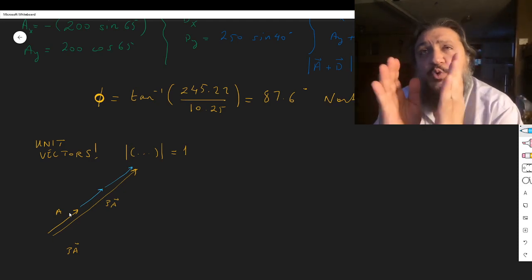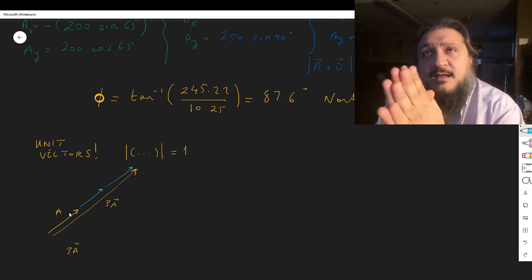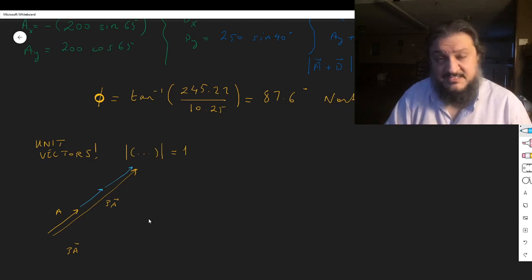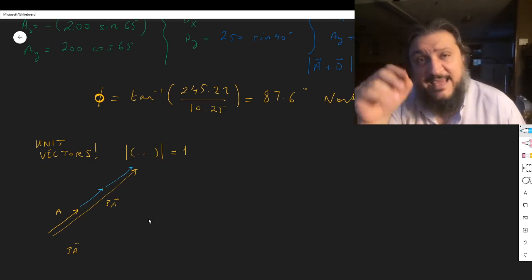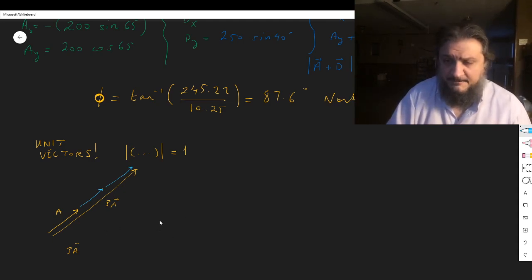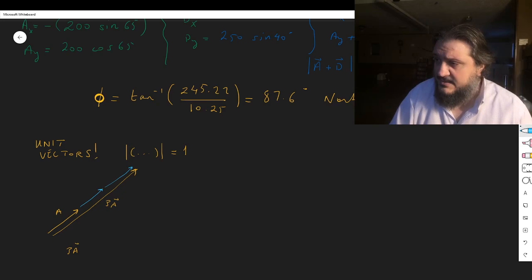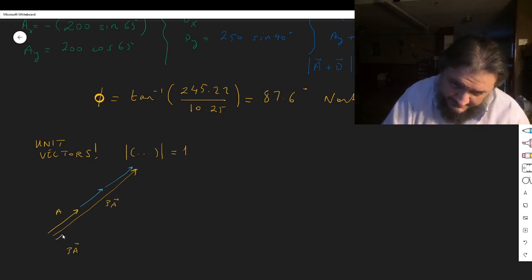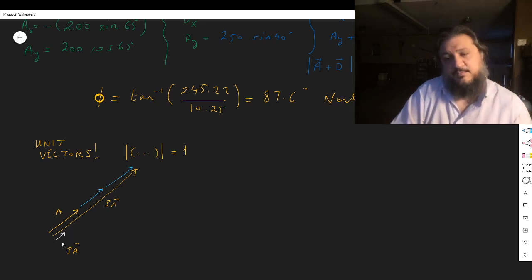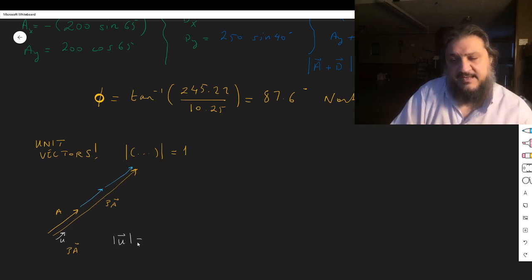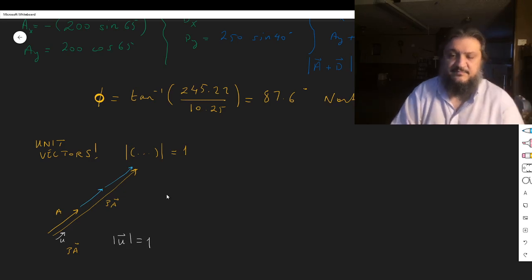Now, what if you multiply the length of a vector by this unit vector of ours? Meaning, if I could come up with a vector in the same direction, I'm going to call it U. U stands for unit vector, and vector U has a length 1, just following the same definition.